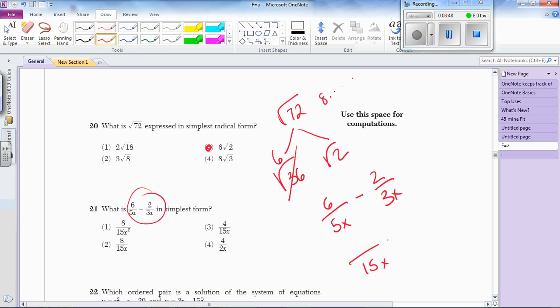Doesn't matter to me. To get this to be 15x, which is the common denominator, multiply this times 3 and the bottom times 3. So this is 18. This had to be multiplied by 5, so this gets multiplied by 5. Minus 10, so this is 8 over 15x.